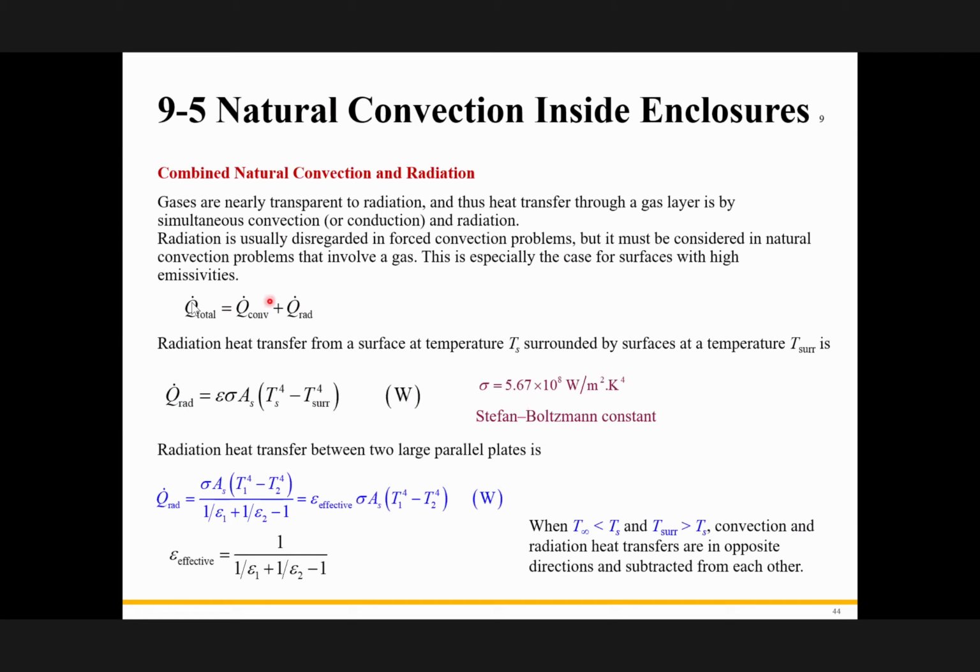You already know this is pure convection. We have a procedure to calculate the pure convection and radiation. We calculate this one, and you add them together and measure the total heat exchange between the two surfaces, okay? It's similar to the one that we had for forced convection. We calculate for forced convection, we calculate for radiation, then we add them all together, okay?